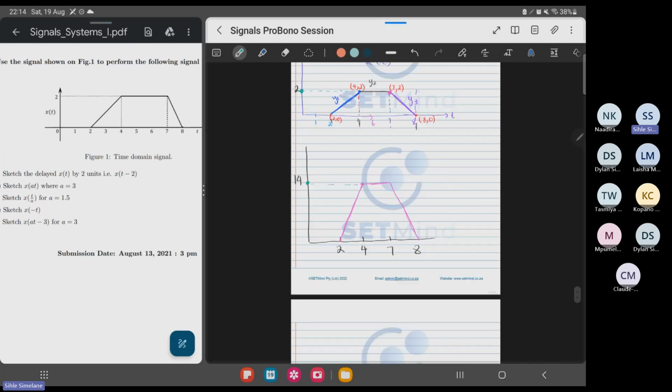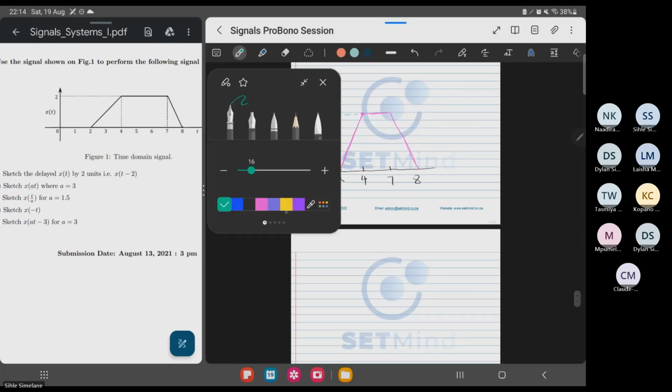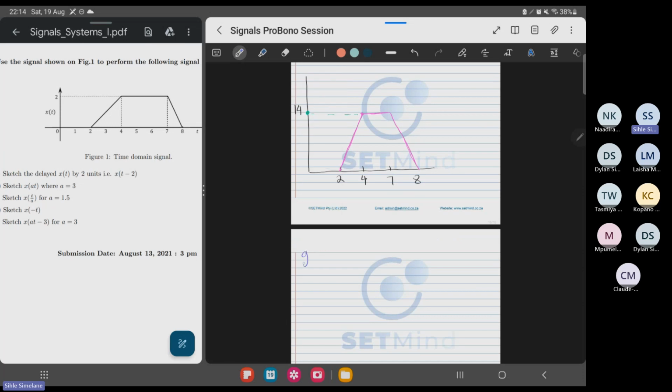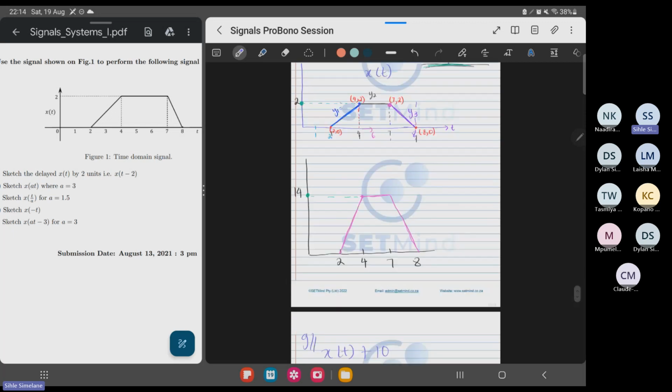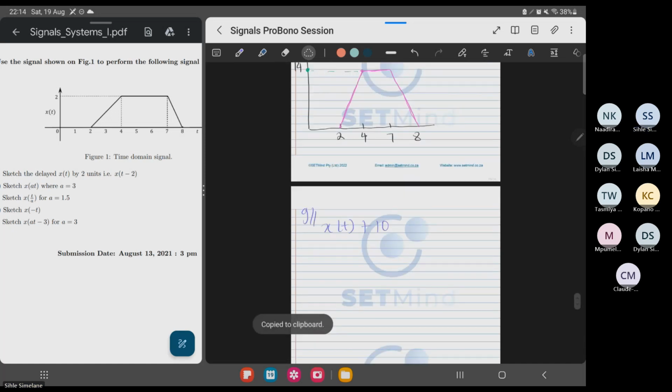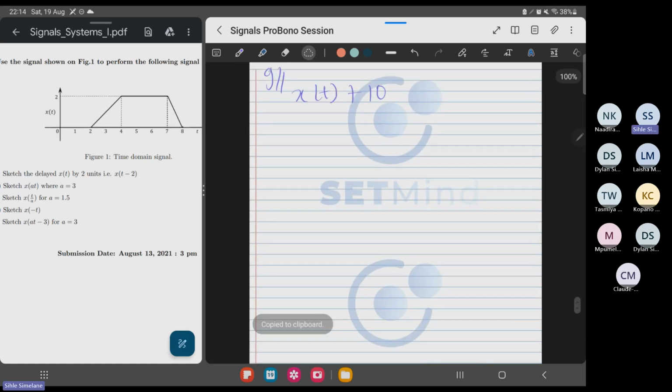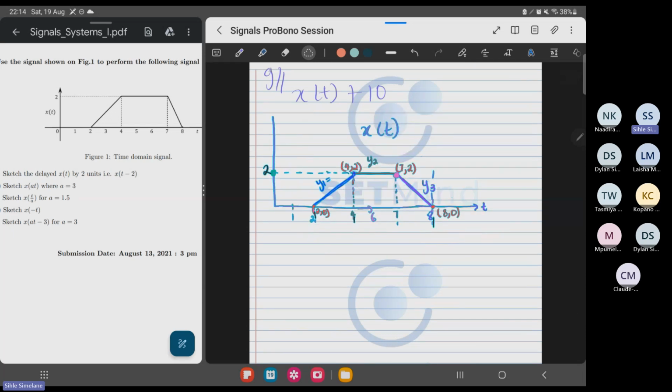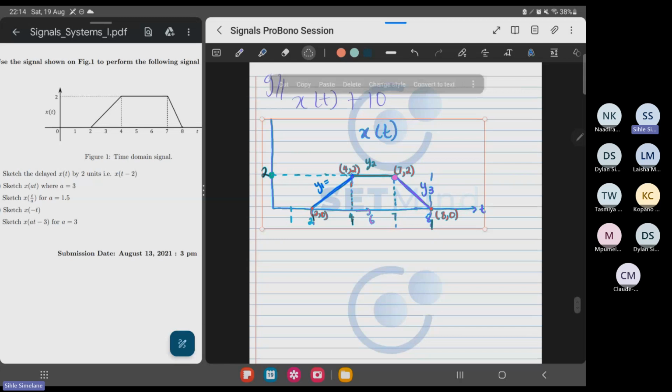So for example, let's take our x of t, and let me say this is example G. If they say take your x of t and add, let's say 10, I'm going to take my graph of x of t. Really, there are cases where I genuinely think there is no need for them to teach it because it makes common sense.